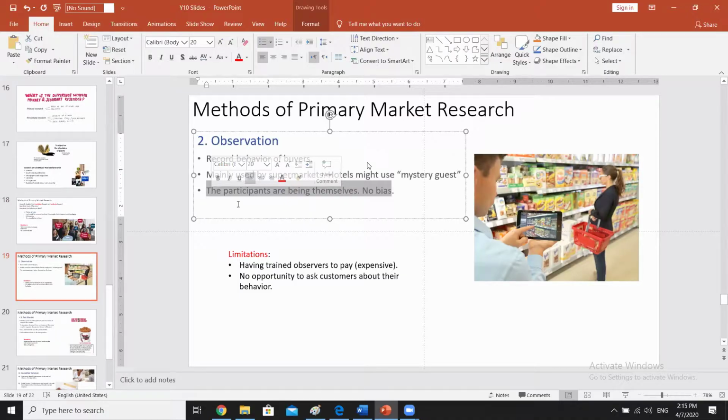The participants don't know that they're observed, so they wouldn't behave abnormally. They would be themselves. They wouldn't try to be nice to you because you have the business. They would just act the way they would act normally by themselves. That's very crucial for market research. You want people to be honest about the opinion that they give you.